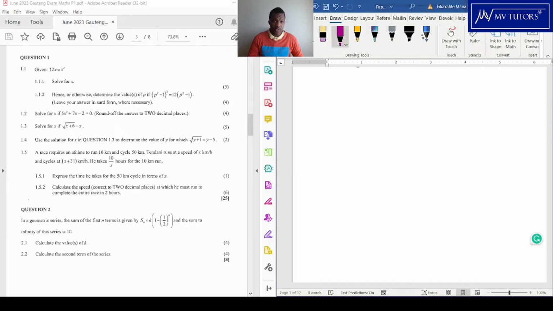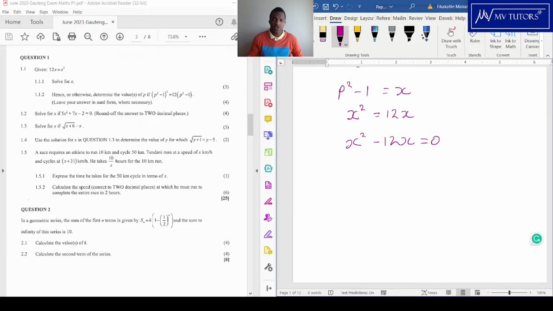Now, you should recognize that actually, if we say P squared minus 1 is equals to x, okay, now looking at this operation here, you're going to have x squared is equals to 12x, and then if I bring this side, it's x squared minus 12x is equals to 0.